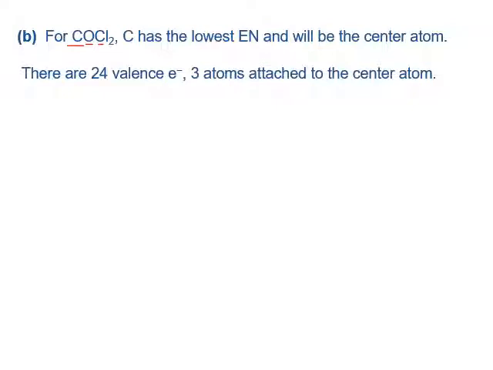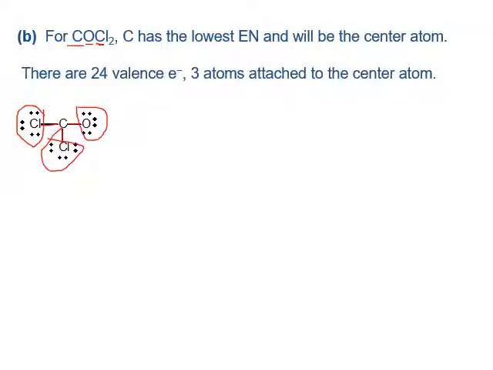Chlorine is 17, which has 7. So chlorine is 6 times 3, then 18, 19, 20, 21, 22, 23, 24. This is how we predict the structure should be.